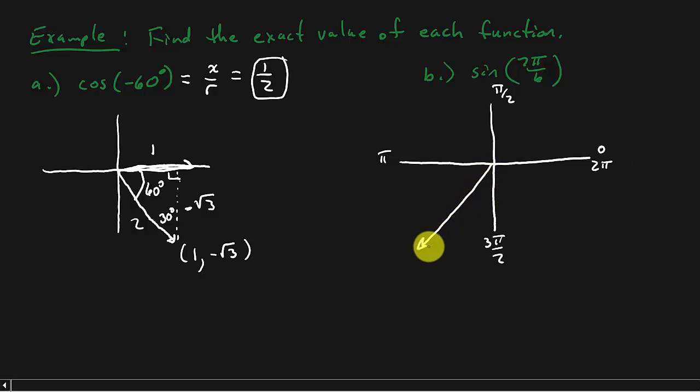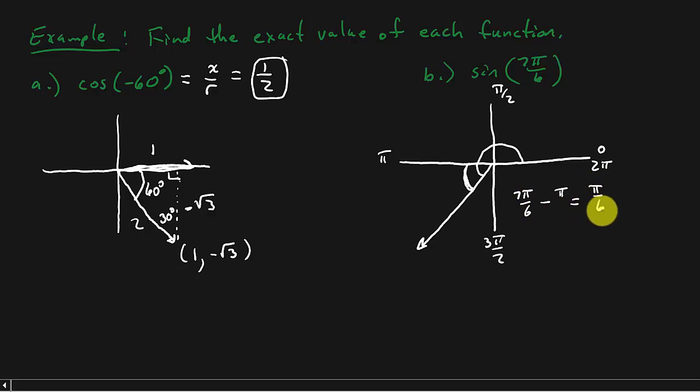Okay? So this angle from here to here is 210. But we're concerned, what is this angle? Well, to find that, we could take the 7 pi over 6 and subtract pi. And that would give us, let's see, what is that? Pi over 6.